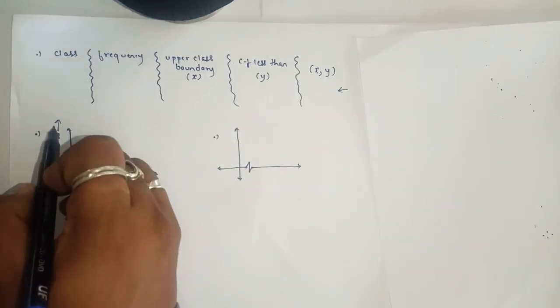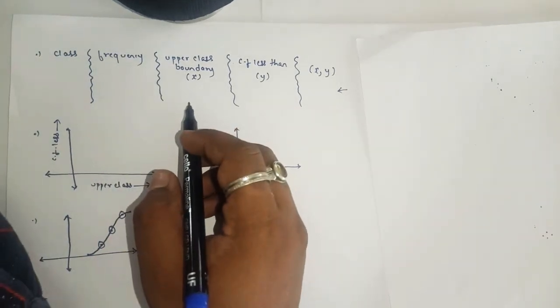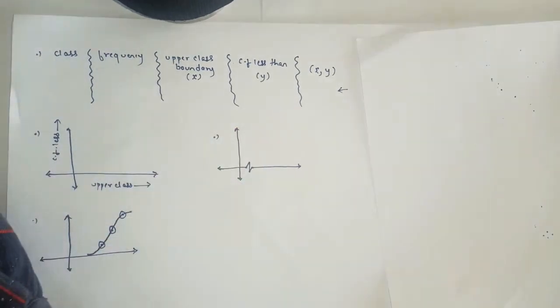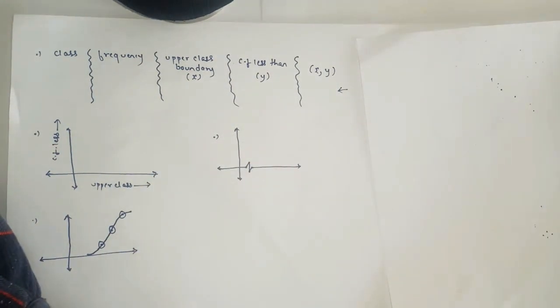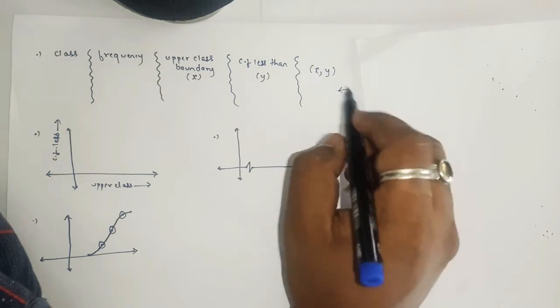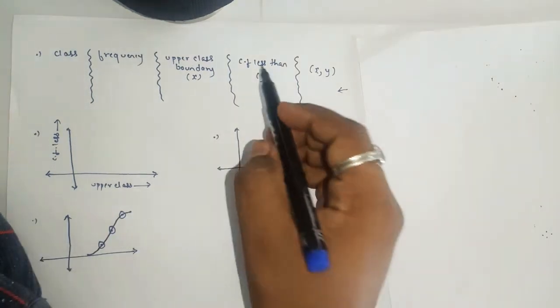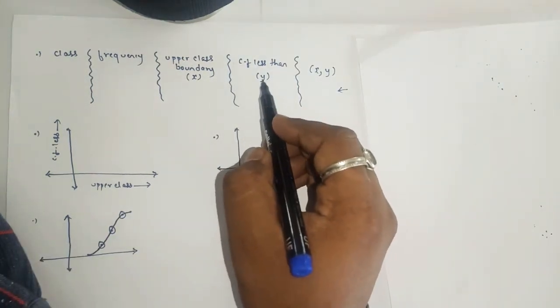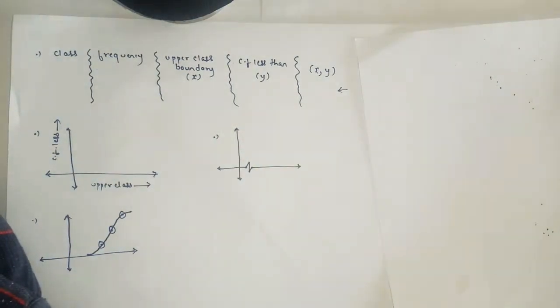In the first one it will be class, in the second frequency, in the third you will write upper class boundary, in the fourth column you will write cumulative frequency less than. I hope you all know how to find the cumulative frequency less than. And in the last column you will write the coordinate. The upper class boundary you will consider as x, and the cumulative frequency less than you will consider as y. So this will be your x coordinate and this will be your y coordinate.